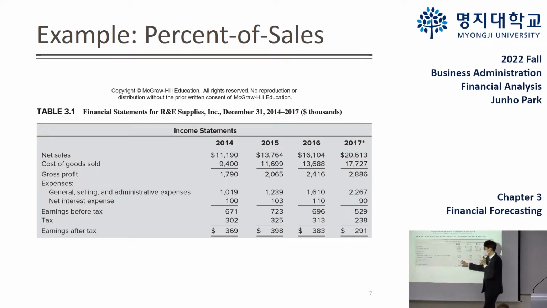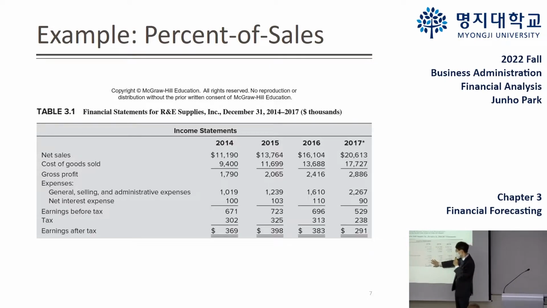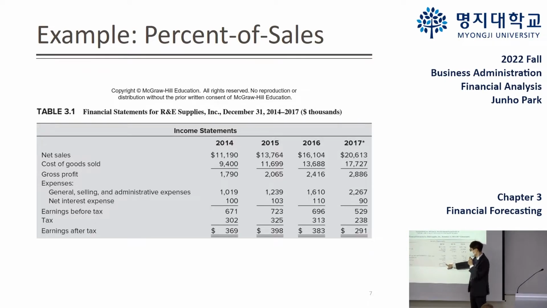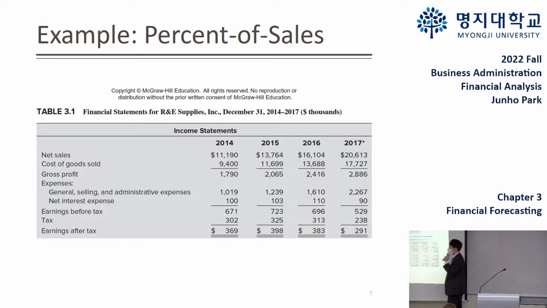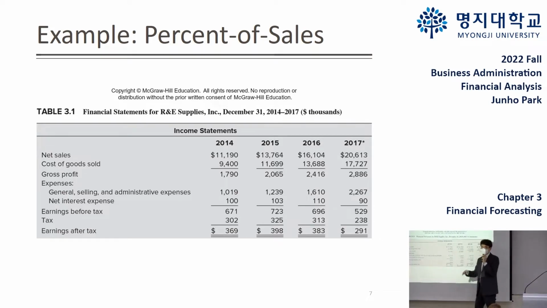And because the firm is paying 302 among 671, and because the firm is paying 325 among 723, it gives you a knowledge about the tax rate.